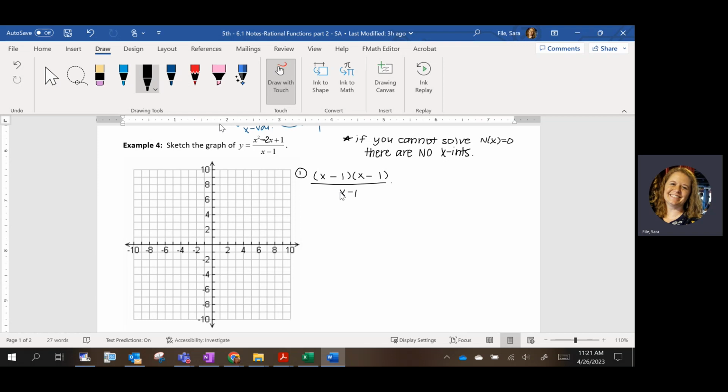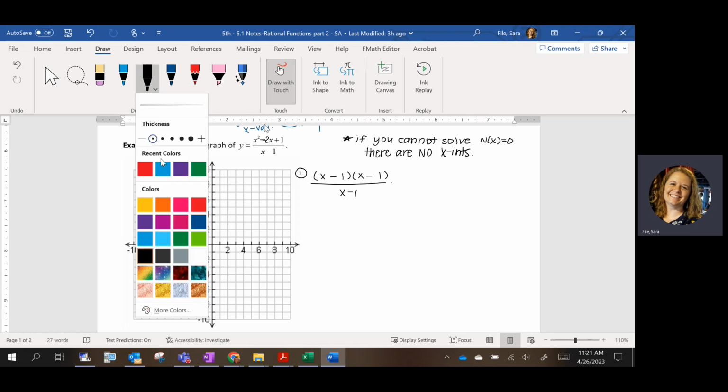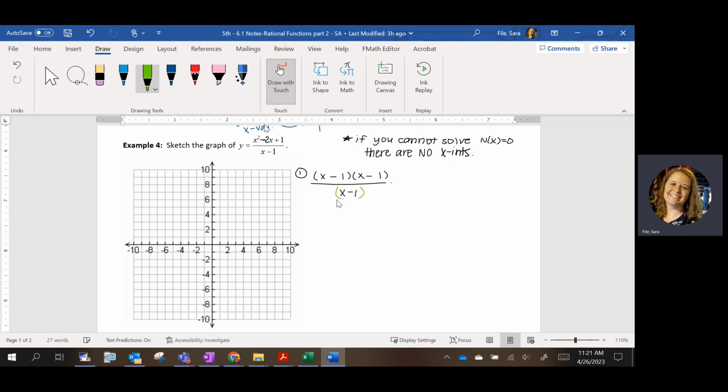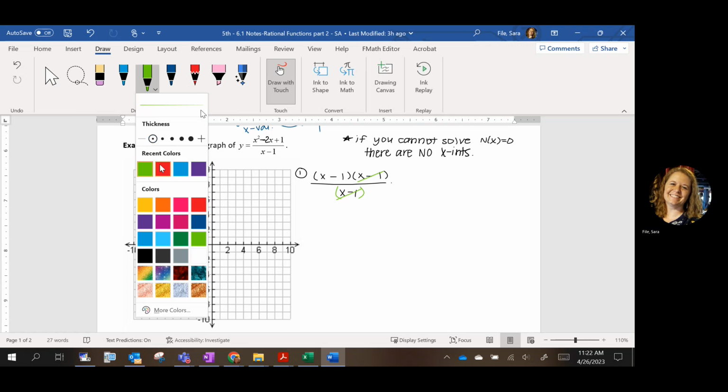Oh, so interesting. I have lots of x minus 1 factors. So when I talk about reducing, are all of those going to reduce? No, not all of them, because there's only one in the denominator, right? It can only reduce with one of the ones from the numerator. So even though x minus 1 is there twice, you only get to reduce one of them.